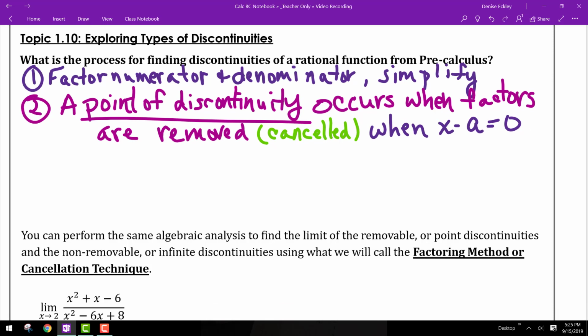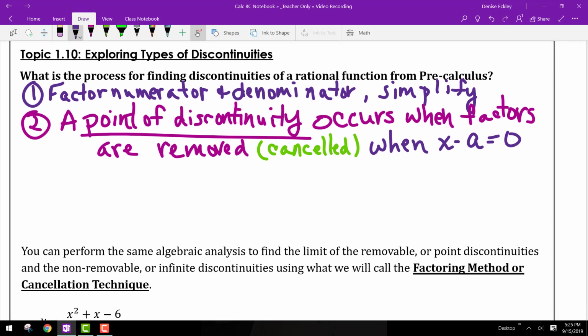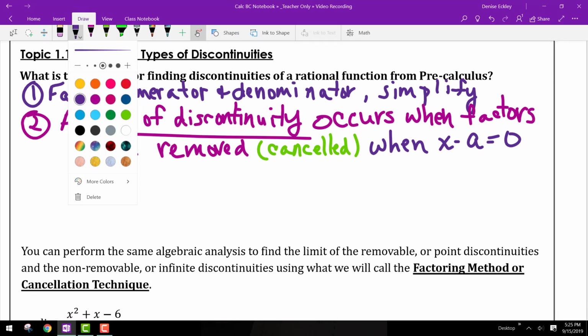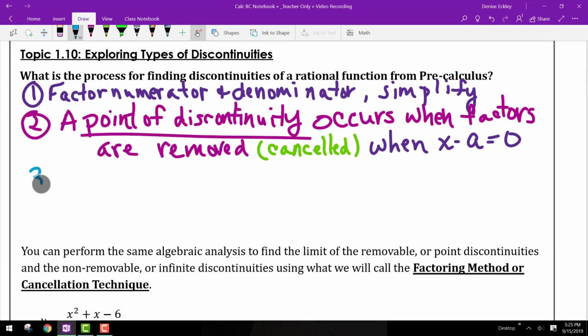And then finally, our other type of discontinuity is the non-removable one. So this is when we have a non-removable discontinuity. We have, of course, an asymptote.